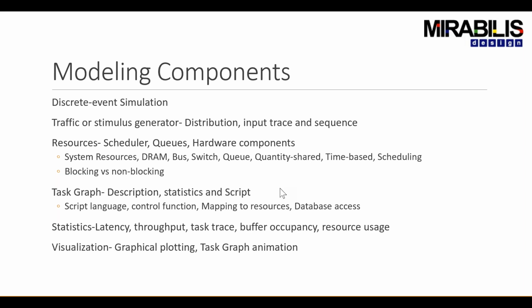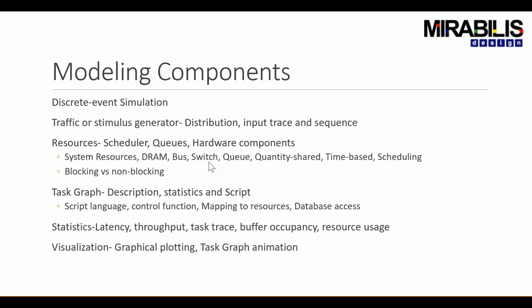The second part of it is the traffic, and in this case we focused on a Poisson distribution, but it could also be replaced with an input trace that might be from an existing system, or it could be something that's generated from a static analysis tool as well. The other piece of it, if you notice, we had the task graph, and then we had the architecture or the resources.